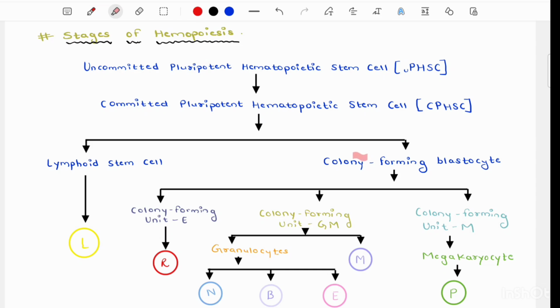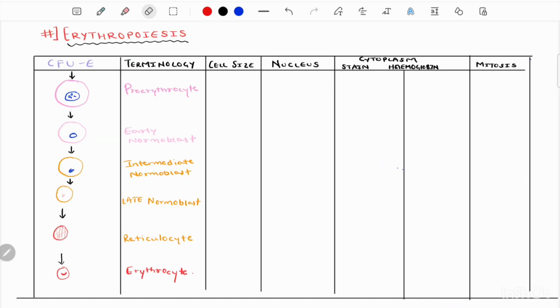Now we'll discuss from colony forming blastocyte, one colony, that is colony forming unit erythrocyte, up to red blood cell. This from here to here is called as erythropoiesis, and we'll discuss this process now. Erythropoiesis from colony forming erythrocytes takes 6 different stages to reach up to the mature erythrocyte.